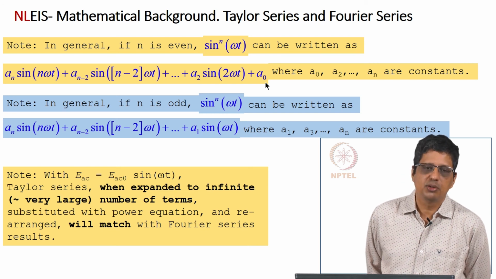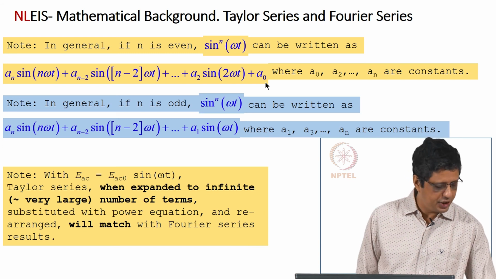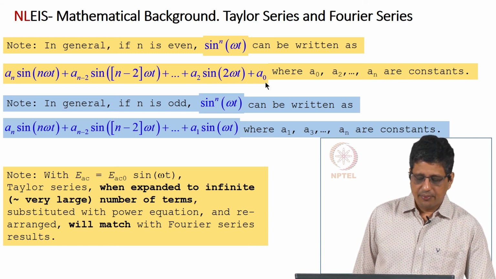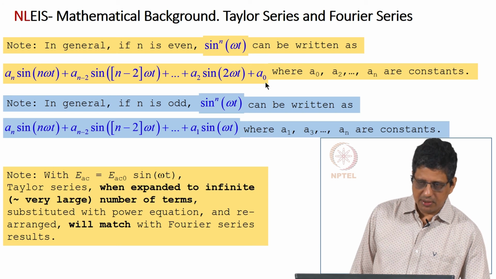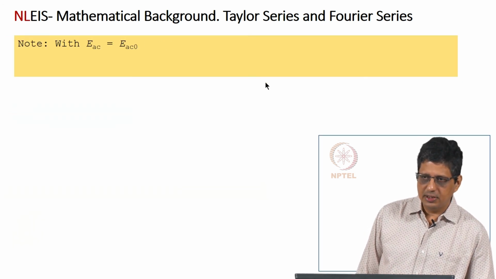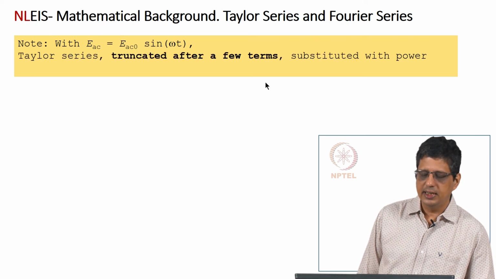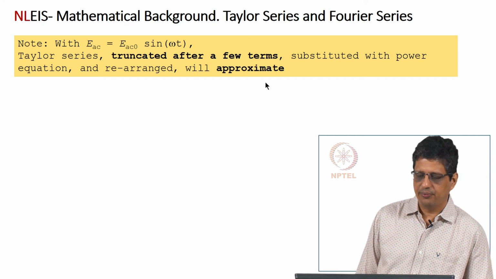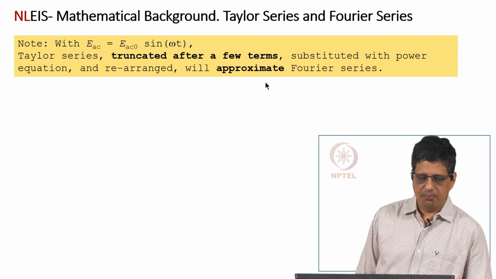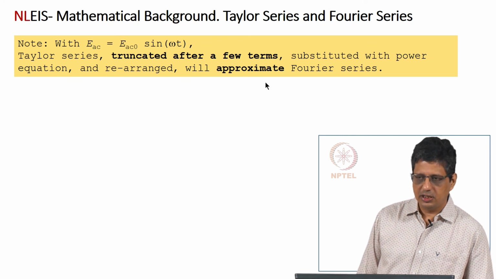It is not always possible to write Fourier series expansion for many of the functions, many of the relationships. If you write for infinite number of terms, it will match correctly. If you write for few terms, truncate after some term, it will be an approximation. So, Taylor series truncated after a few terms and then substituted with power equation, trigonometric identities, rearranged will approximate each coefficient.